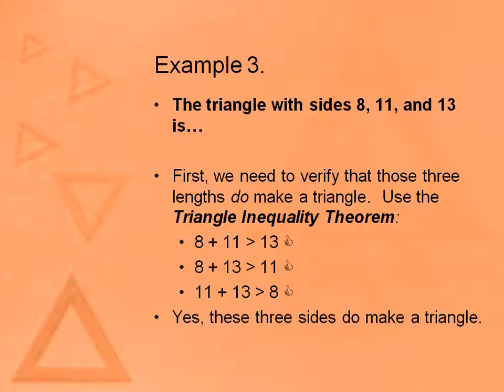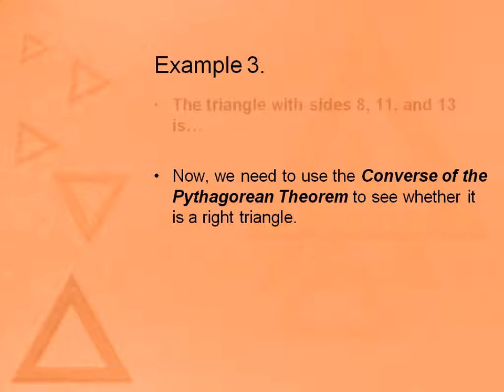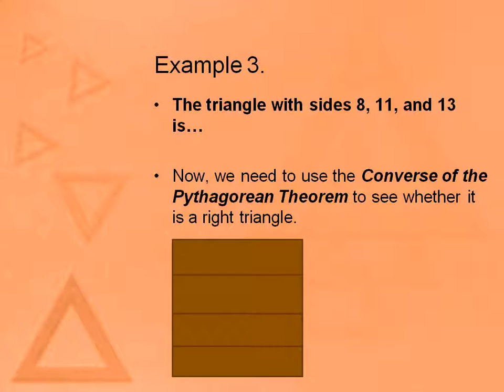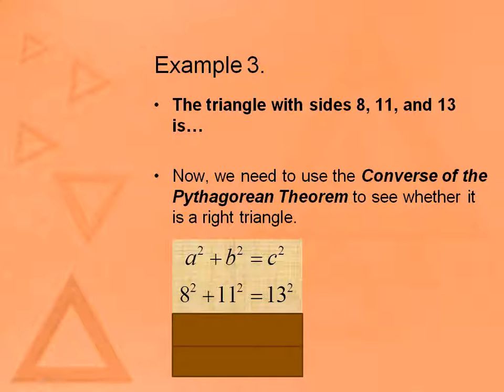So let's continue and check the converse of the Pythagorean theorem. It starts out looking the same, but we know all three sides. The longest side, 13, has to be c. So let's plug in. Is this true? I don't know. I know what 8 times 8 is.